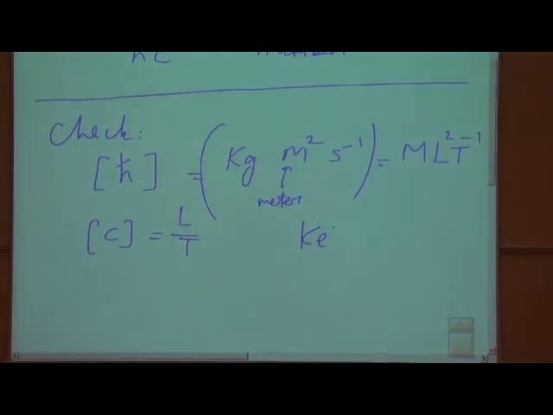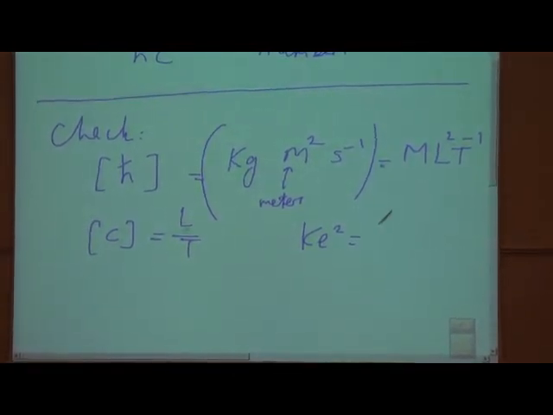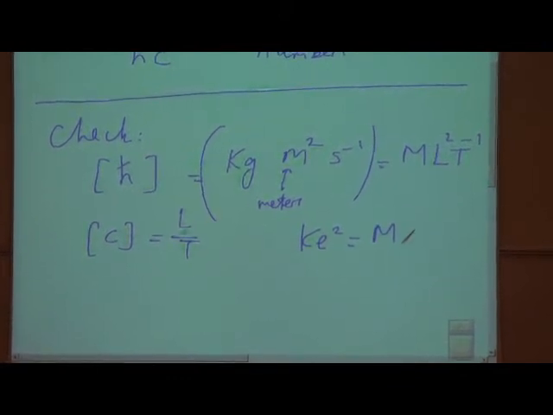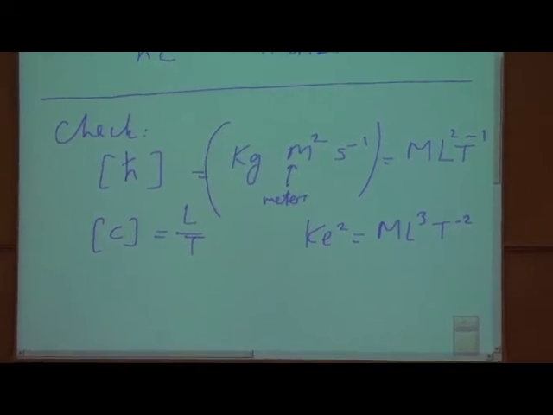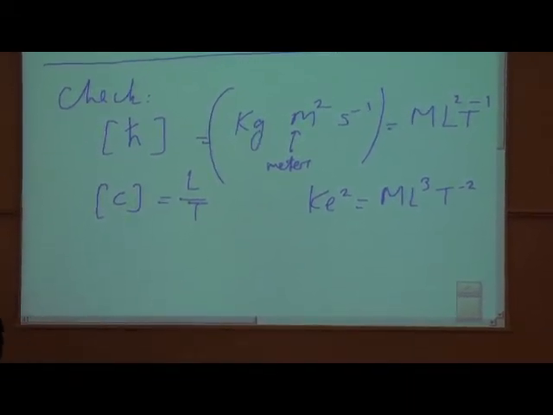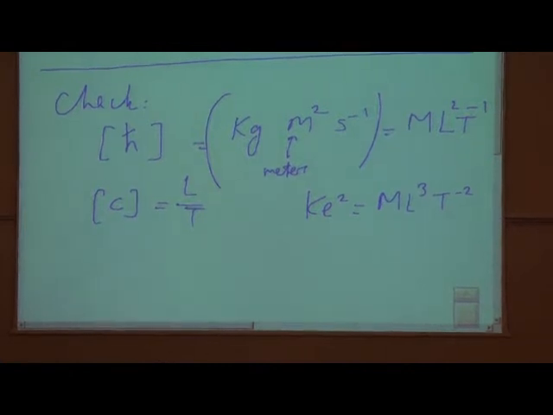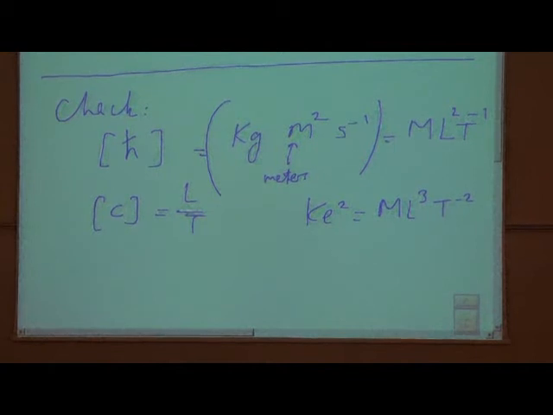And Ke square, we figured out, was what? It's the dimensions of M, L cubed, T to the minus 2. Now, let's save time. I could ask you this and we could play around and find the answer, but I'll just give the result to you.